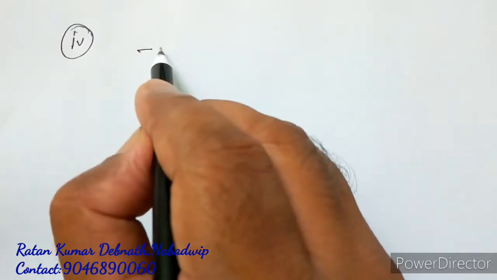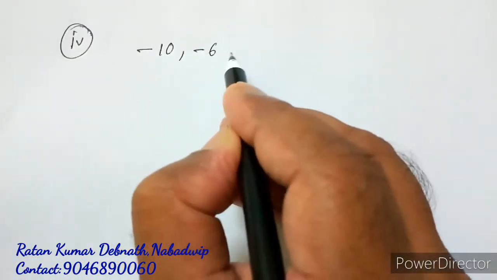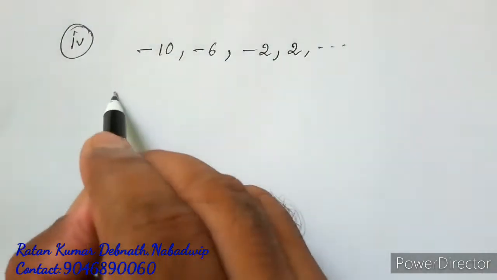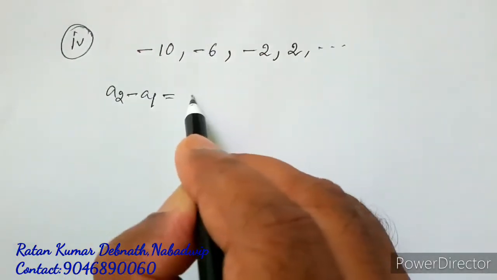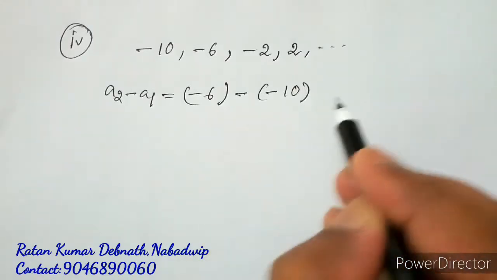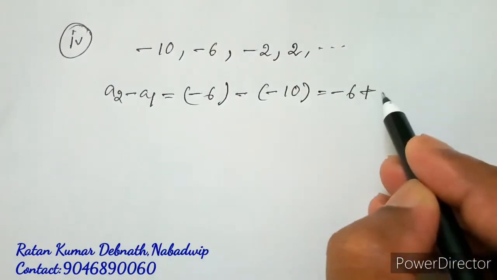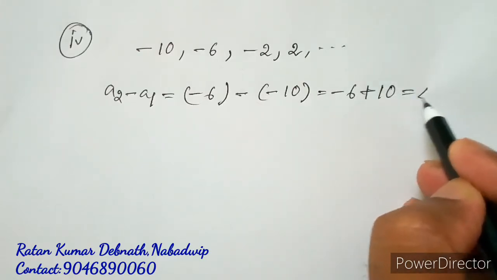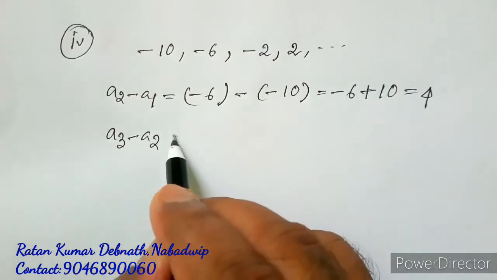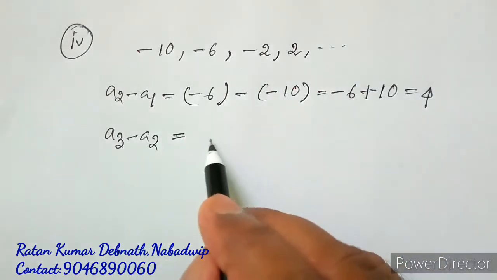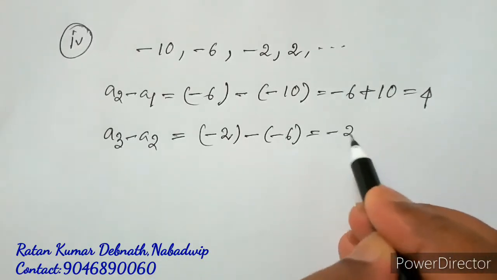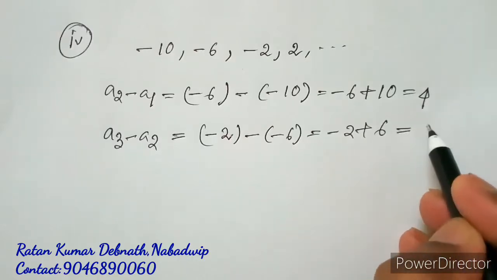Question number 4 of 4: the given numbers are -10, -6, -2, 2, etc. Now a2 minus a1 equals second term minus first term, -6 plus 10 results in 4. a3 minus a2 means third term minus second term, -2 minus of -6, -2 plus 6 results in 4.